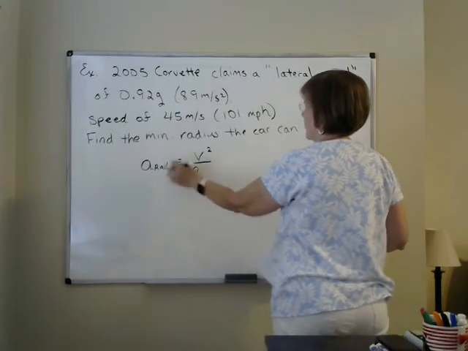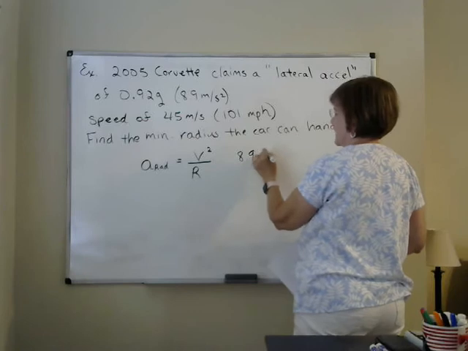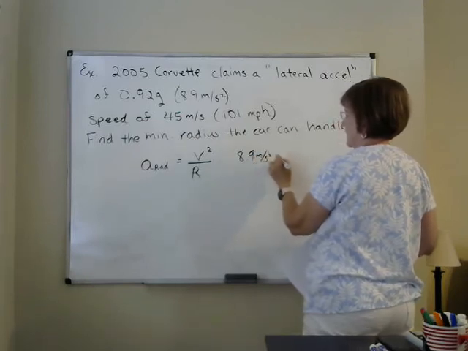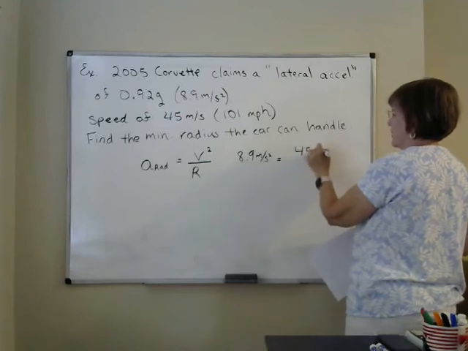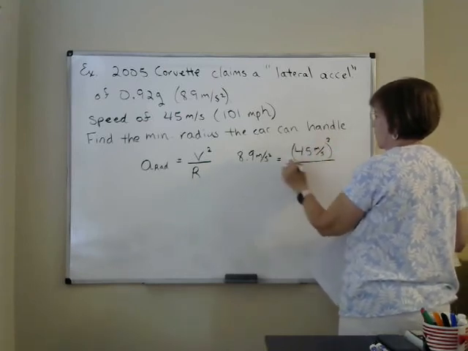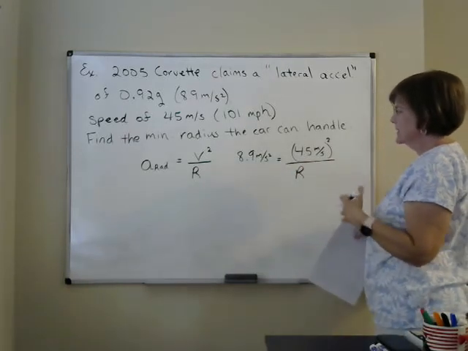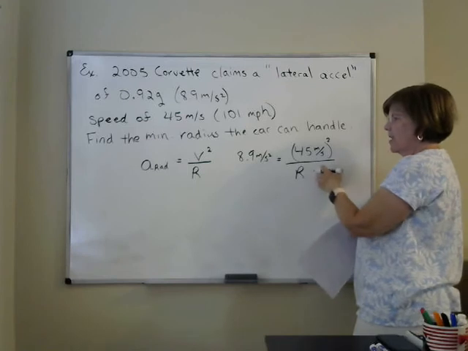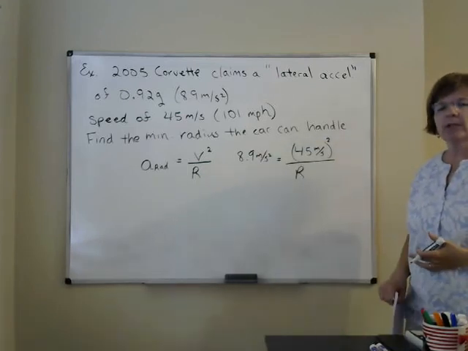If we put that our radial acceleration is 8.9 meters per second squared, our speed is 45 meters per second squared, and we want to find r. Occasionally people get a little mixed up on how to solve for things when they're on the bottom. If you have trouble with that, make it look like a proportion like you did in middle school.